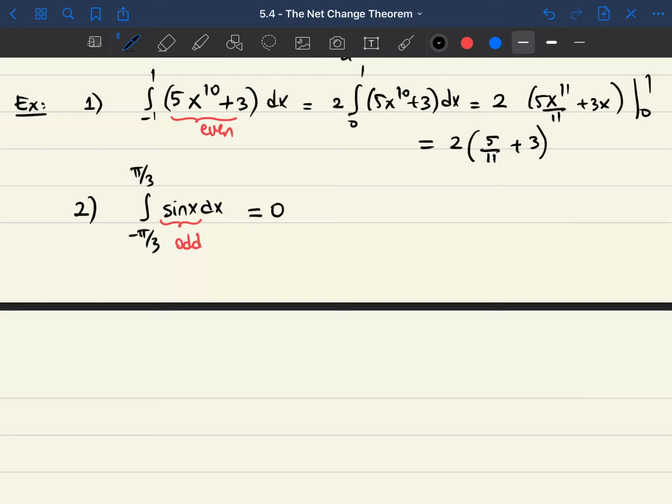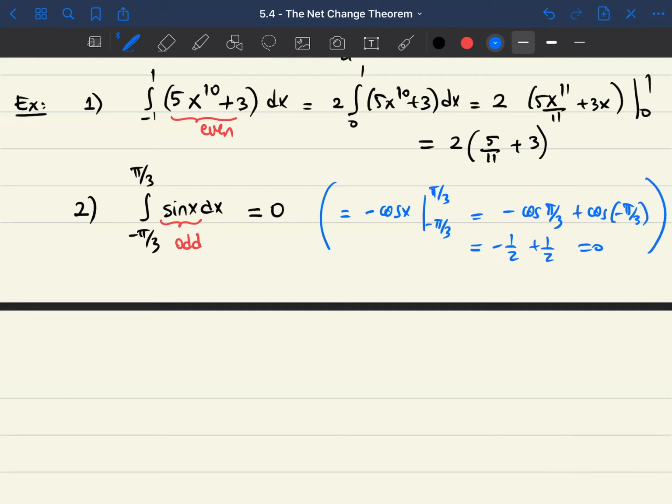Okay, and if you want to check, then if you integrate sine x, this is equal to negative cosine x from negative pi over 3 to pi over 3. So this is equal to negative cosine of pi over 3 plus cosine of negative pi over 3, and this is going to be just 0. So this is negative 1 over 2 plus 1 over 2, so this is 0. Okay, this is if you want to check.